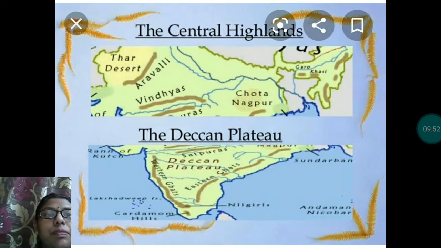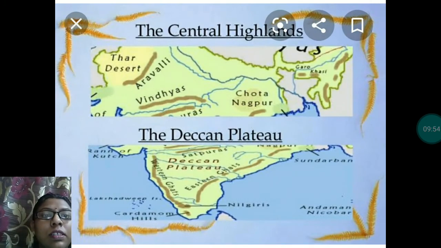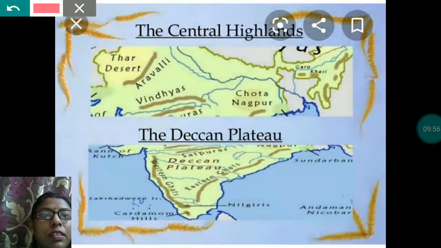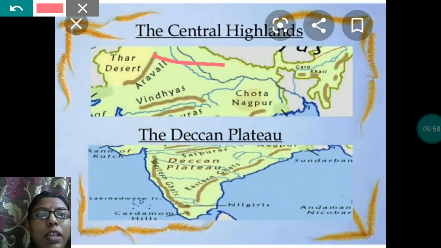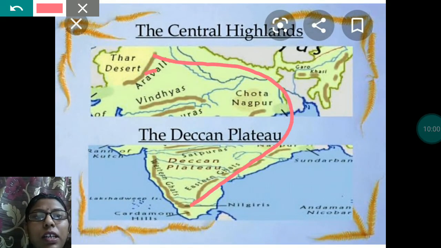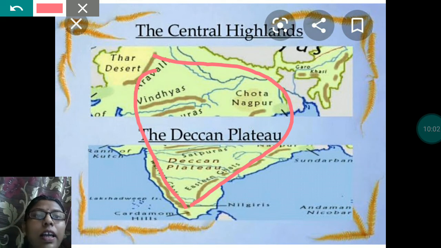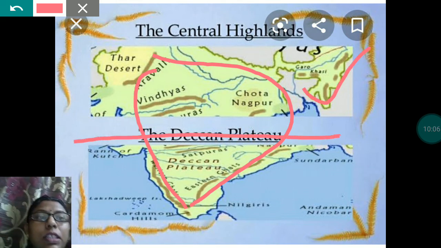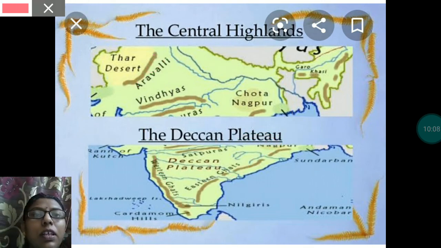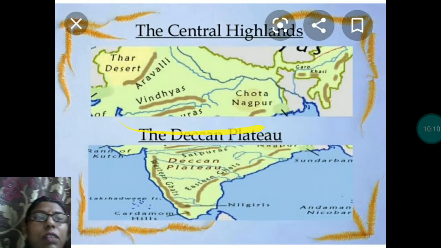Here you can see this whole area, which has been divided into two parts, this part and this part.